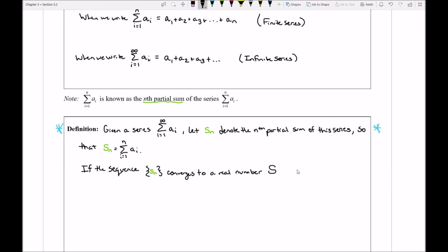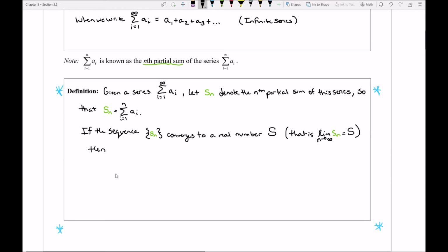So if my sequence converges to a real number S, that is, when I took the limit as n approached infinity of my green S sub n, I ended up with big old capital S, then we will go ahead and make some conclusions about what's going to happen with this infinite addition problem.